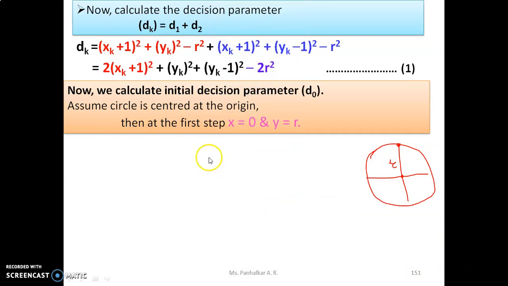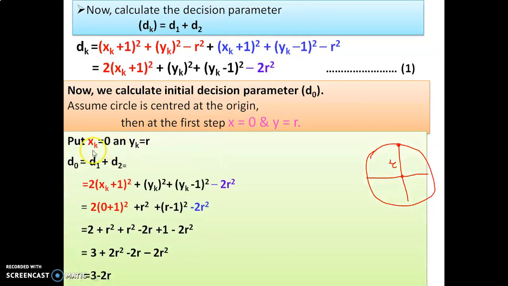For that purpose, this is the equation dk. In equation 1 we are putting xk equal to 0 and yk equal to r. Here (r minus 1) square, it becomes minus 2r square. Now in this equation, 0 plus 1, 1 square is 1.